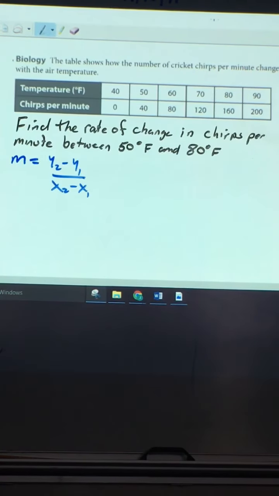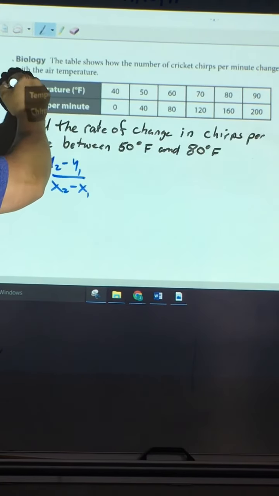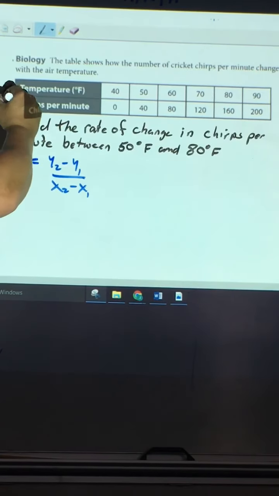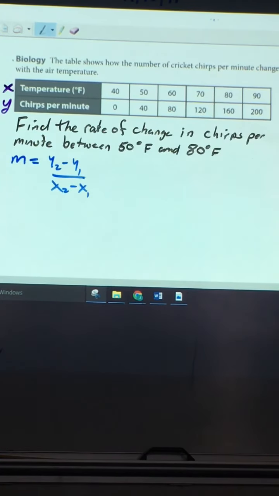And it doesn't look like they wake up until the temperature reaches about 50 degrees, and we start hearing their chirps. So the temperature is controlling the number of chirps. Since this is the case, we are going to consider the temperature the x variable and the chirps the y variable.